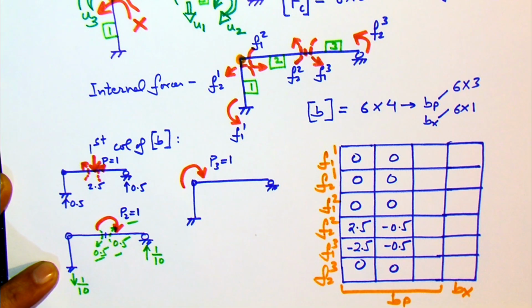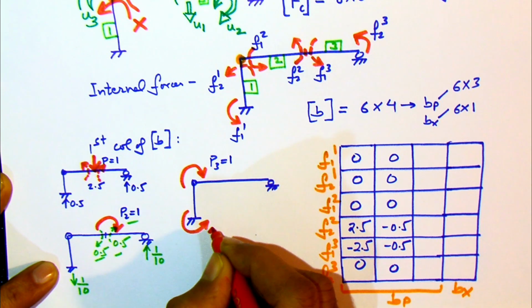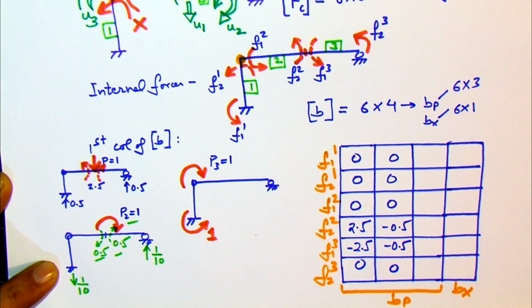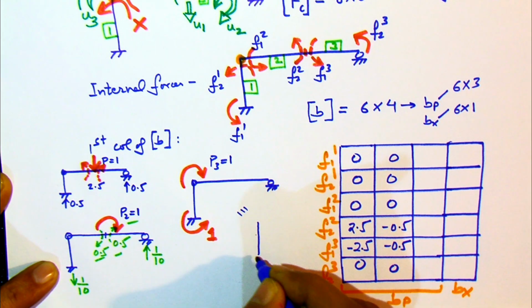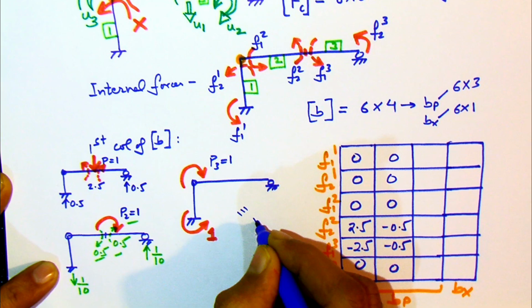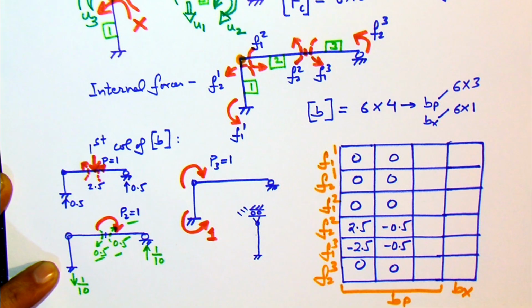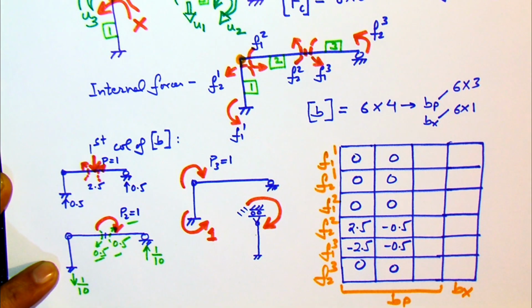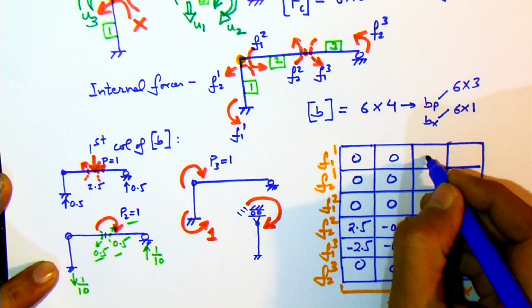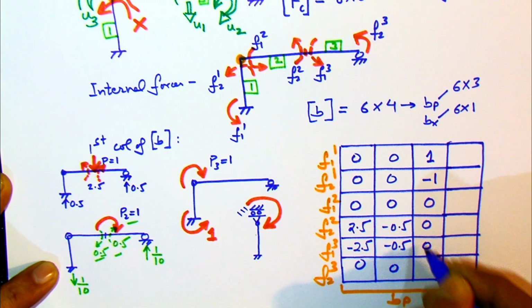And now the structure is like this. Because we are applying a moment, the top horizontal member is a 2-hinge member, so it only renders the equivalent system shown here: a vertical cantilever, and on the top we are applying a moment, and the cantilever is free to undergo horizontal displacement.